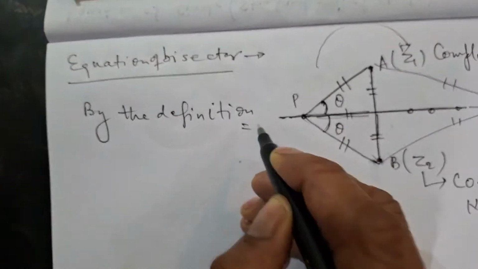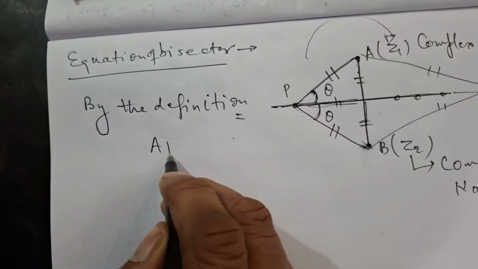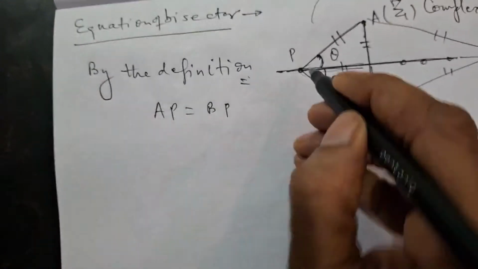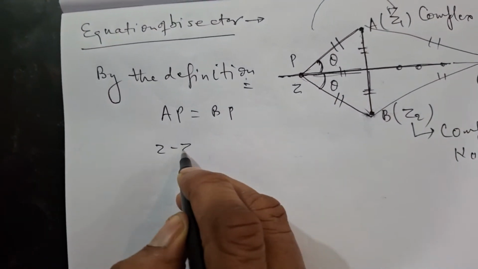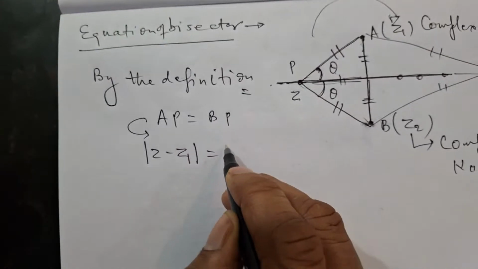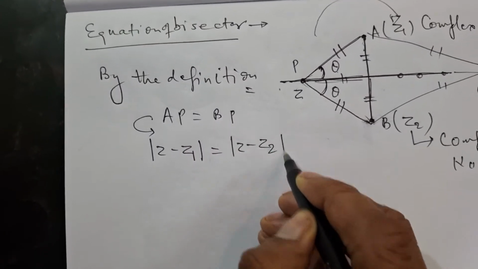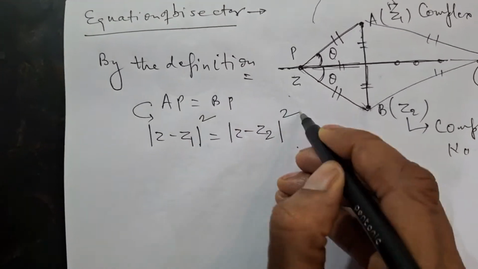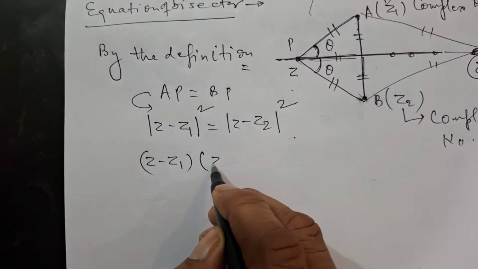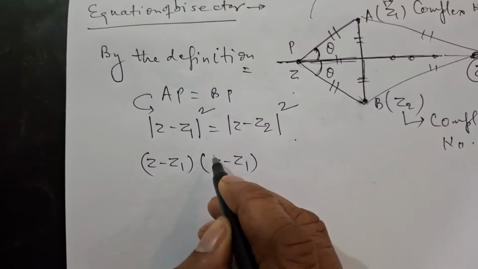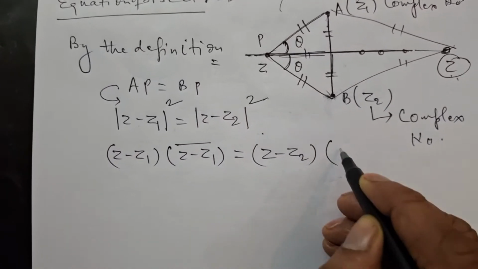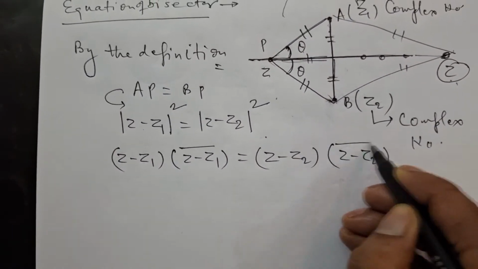So by the definition of a bisector, AP equals BP. Now AP means z minus z1, the magnitude, equals BP, z minus z2. Now square on both sides: z minus z1 times its conjugate equals z minus z2 times its conjugate.